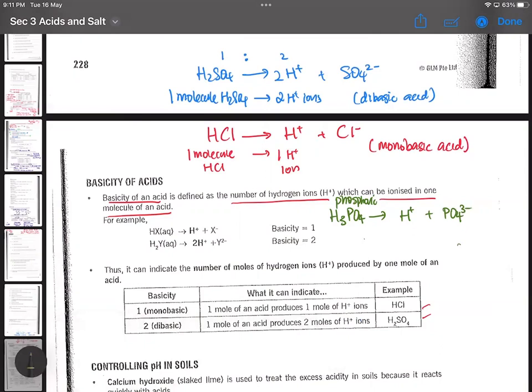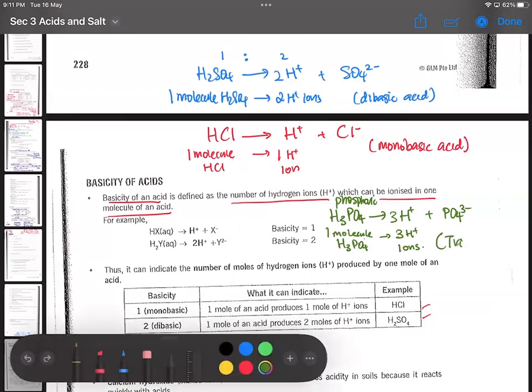Because of the 3 over here, I put a 3 in front of the H plus. So we can see one molecule of H3PO4 produces 3 H plus ions. This is our only example of a tribasic acid. Only example.